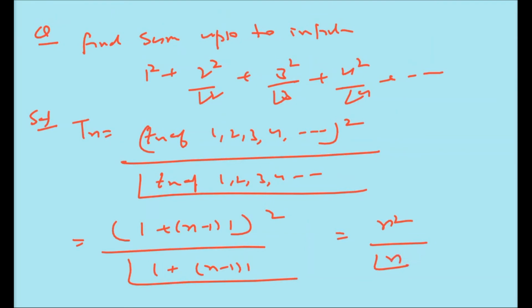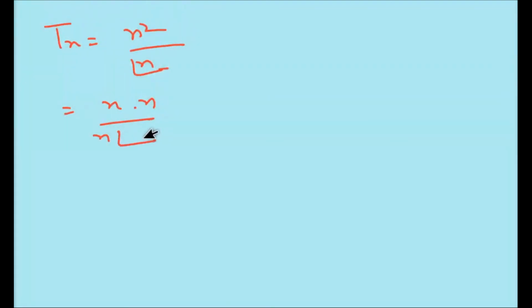Now how will we solve it? When we get the value of Tn, we write n square this way, so that in the numerator n is cancelled out with the help of the denominator. Okay, so thinking this, we write n upon n, taking n common, so we find n. 1 n is cancelled, but 1 n is left.